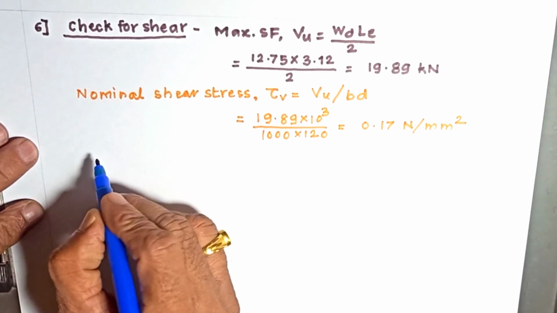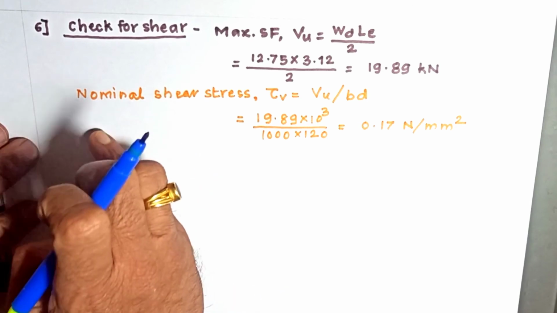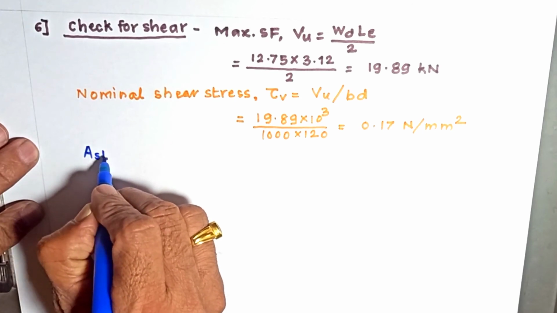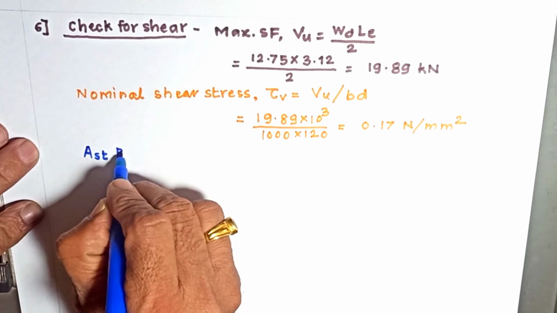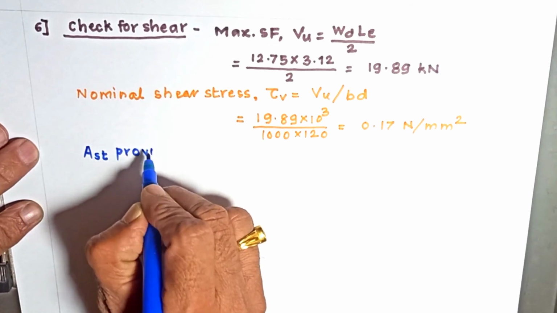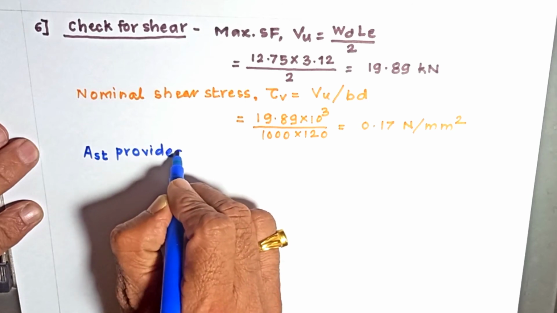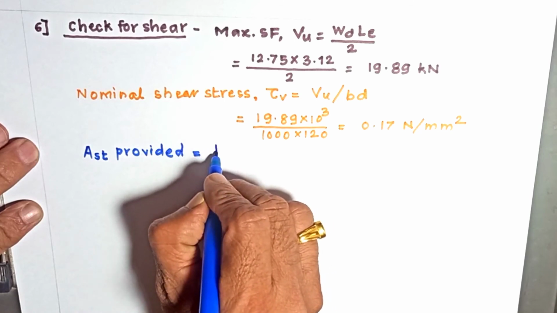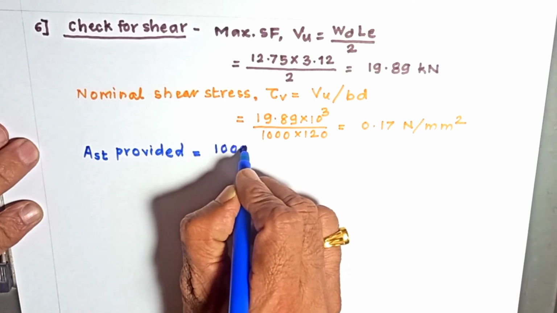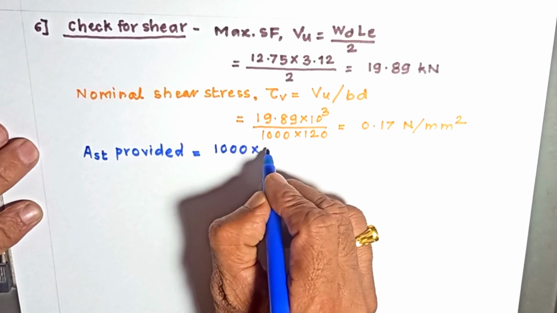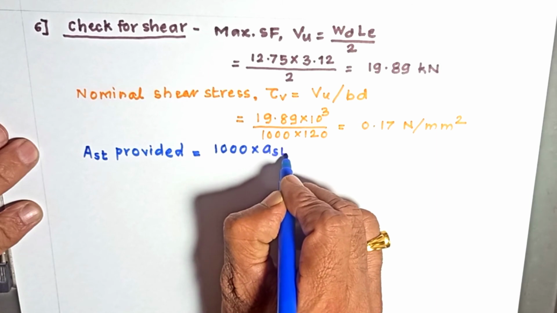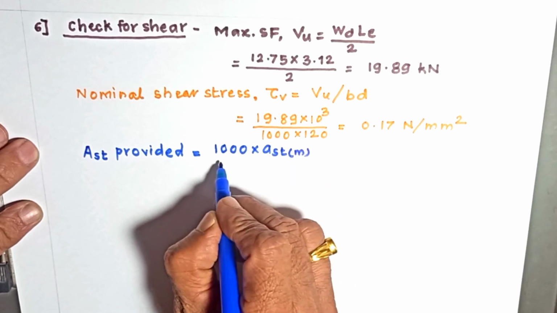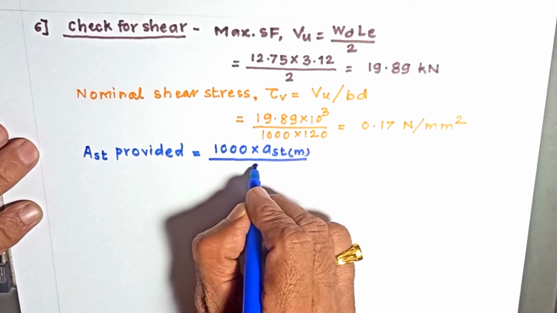Okay, so first we will have to calculate AST provided. AST provided means whatever main reinforcement we have actually provided. AST provided is equal to 1000 into area of 1 bar upon spacing of main bar.